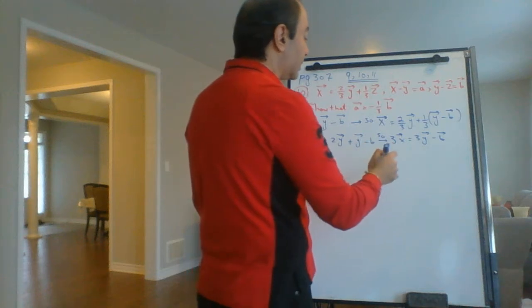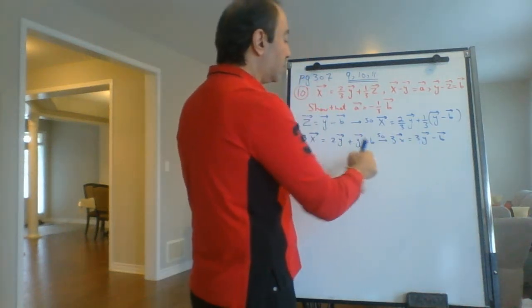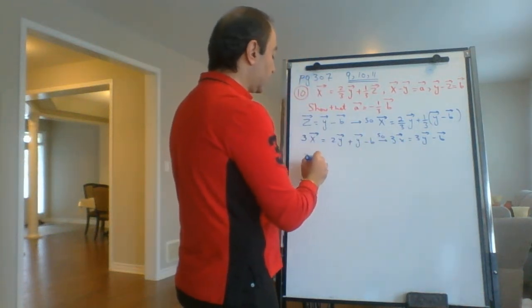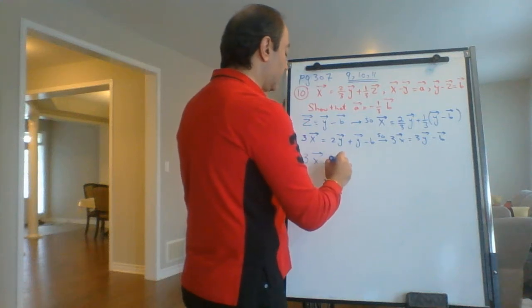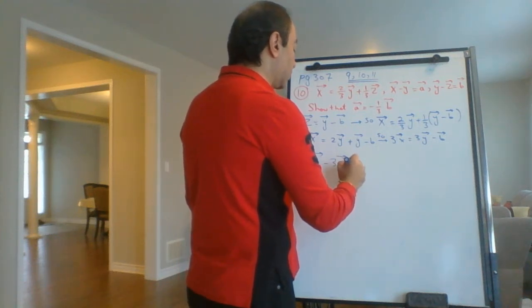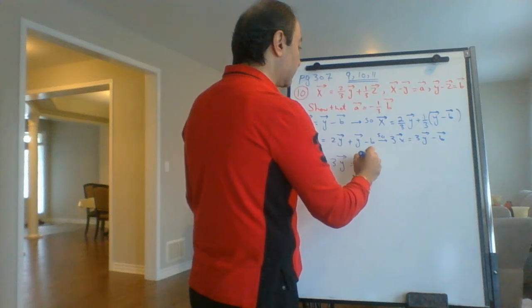Something easier than this. I can move the 3y to this side, so 3 vector x minus 3 vector y equal negative vector b.